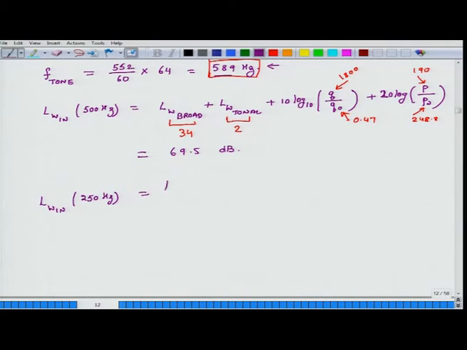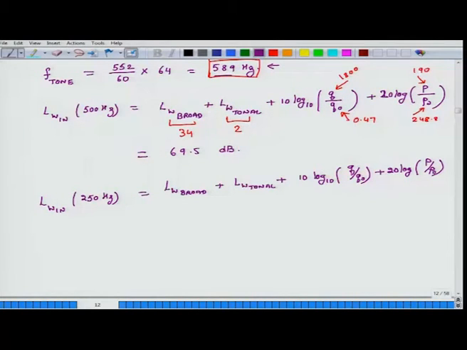again, LW broadband plus LW tonal plus 10 log 10 Q by Q naught plus 20 log 10 P by P naught. The same equation.